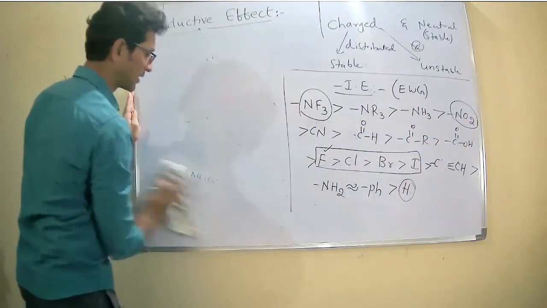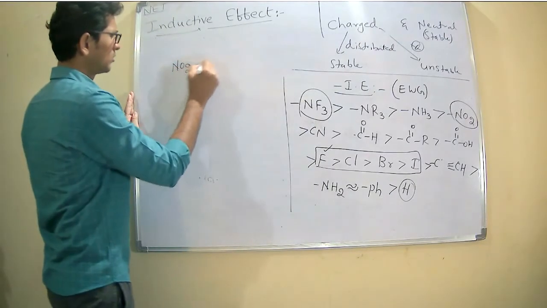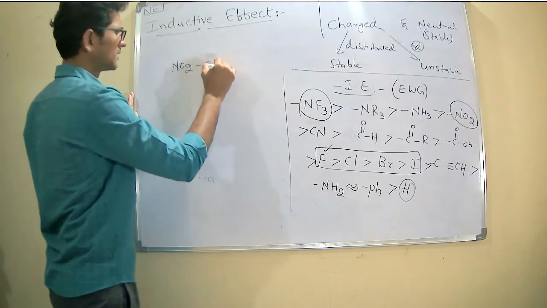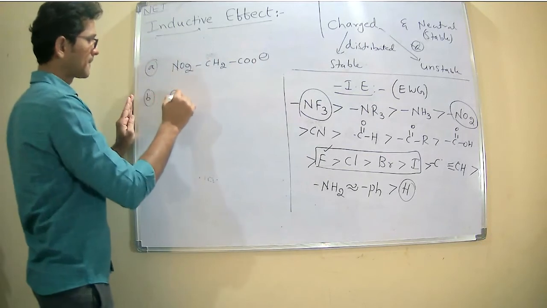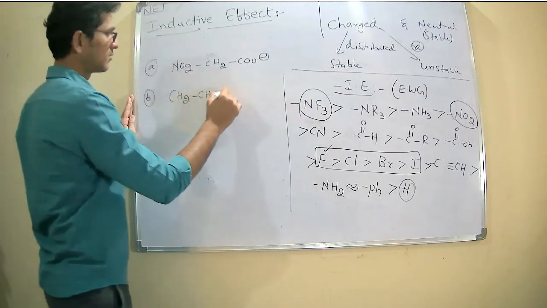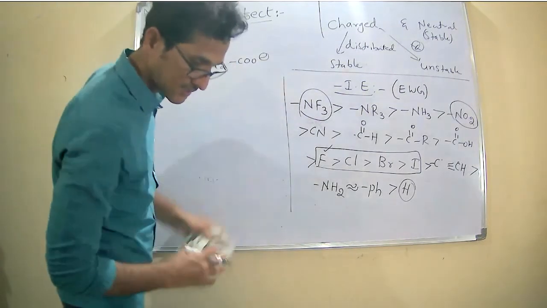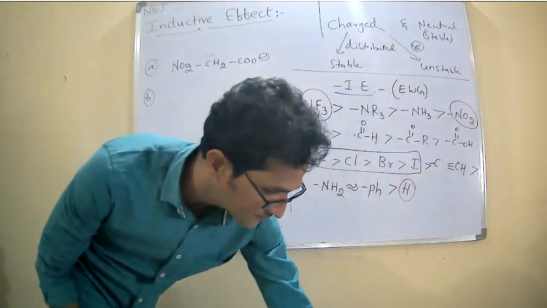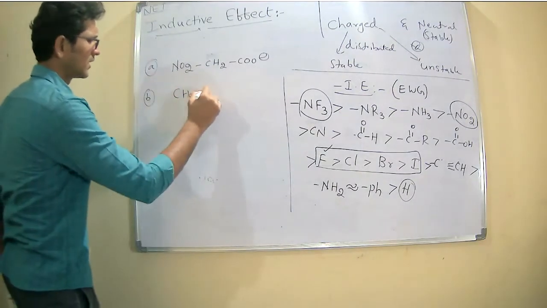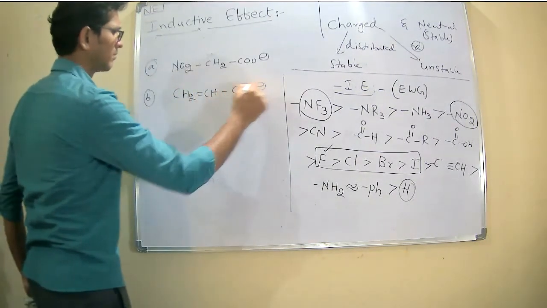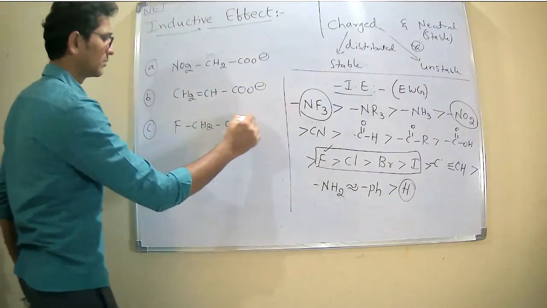Similarly, I will give one more example. Same NO2CH2COO minus A, B, CH2 double bond CH, sorry, CH2 double bond CHCOO minus C, FCH2COO minus.